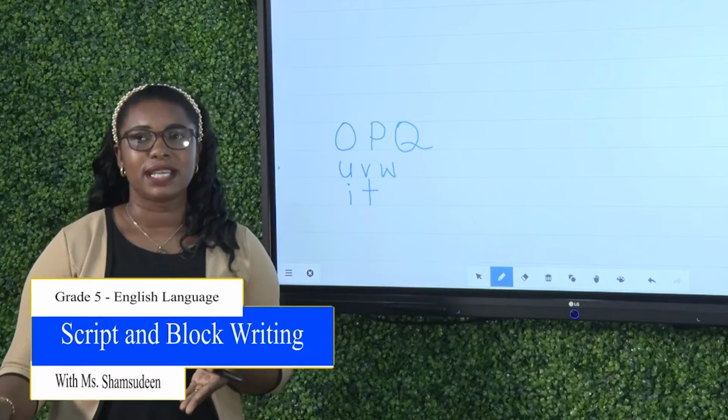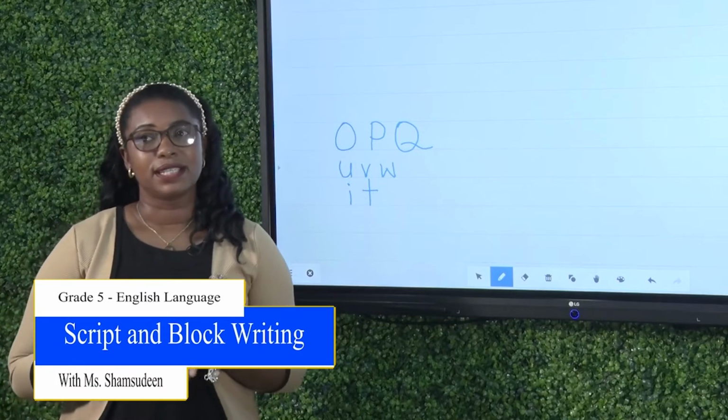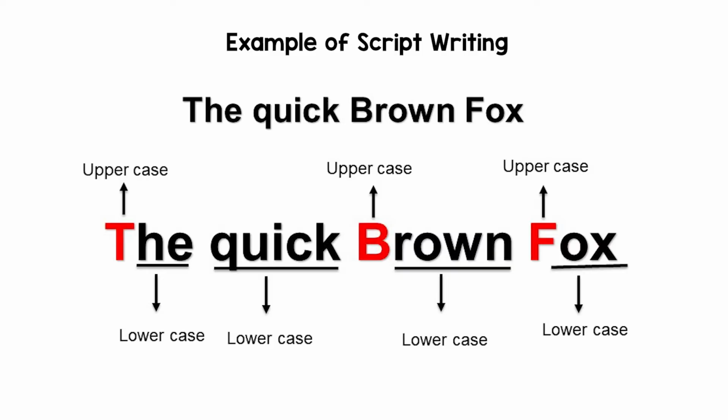Now, here's an example of a sentence in script writing. The quick brown fox. If you look carefully at that sentence, the quick brown fox, you would realize that the word the begins with a capital T because it's the beginning of the sentence.